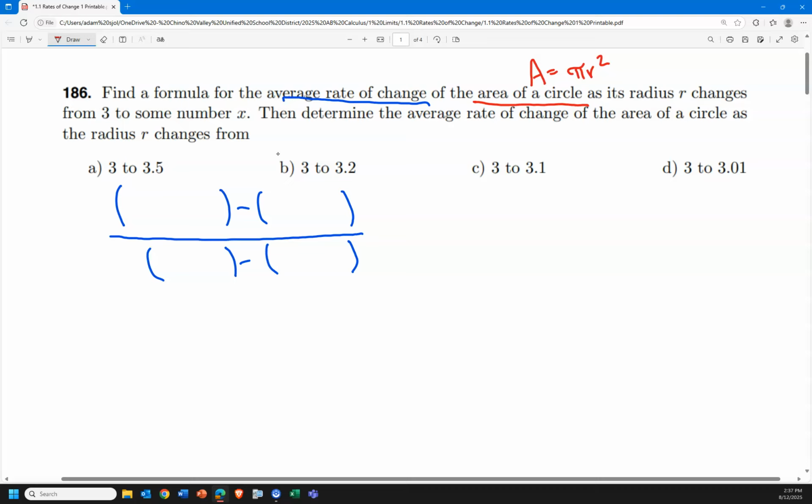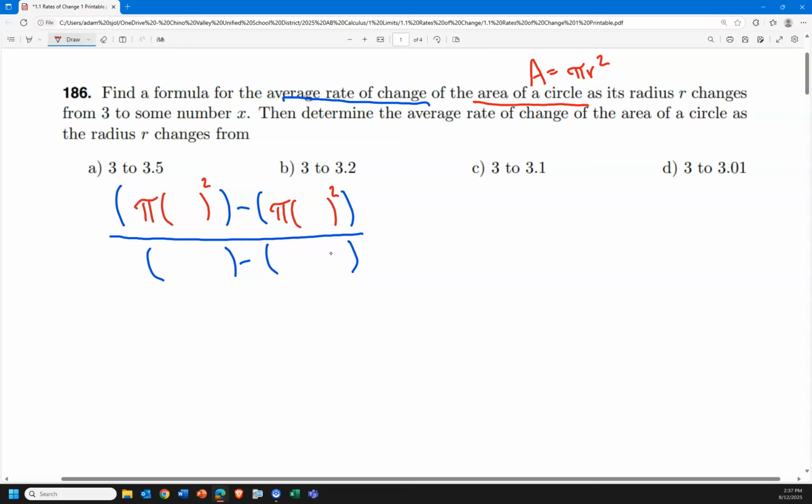So we could say area minus area, but instead we're going to have pi times something squared minus pi times something else squared. That looks like average rate of change because we have that structure, y minus y over x minus x. In this case it's area minus area over radius minus radius.